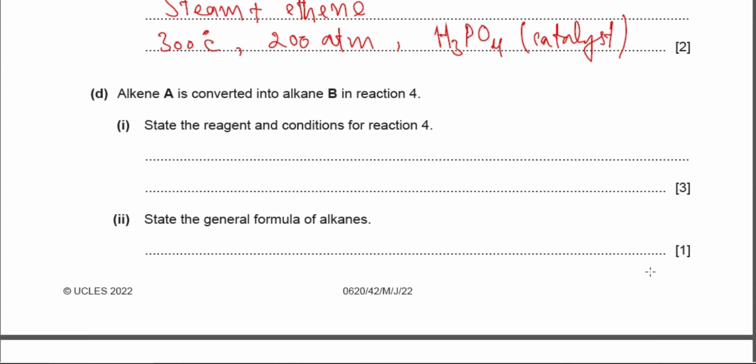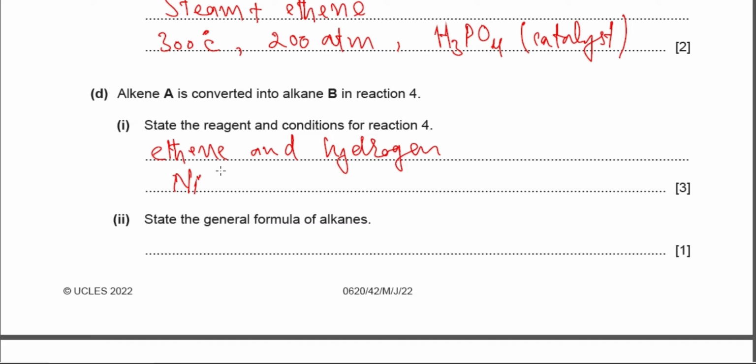Next, in D, alkene A is converted into alkane B. I clearly mentioned how alkene, which was ethene, can be converted into alkane, which was ethane. So we state the reagent and conditions. The reagent was ethene and hydrogen, and the condition was nickel.